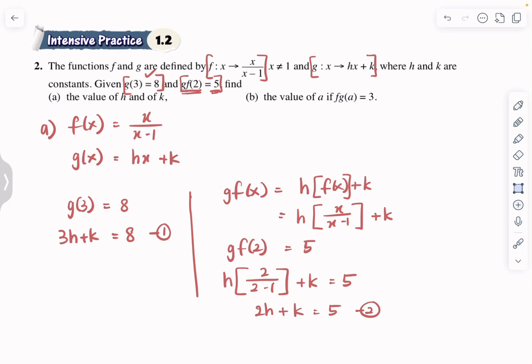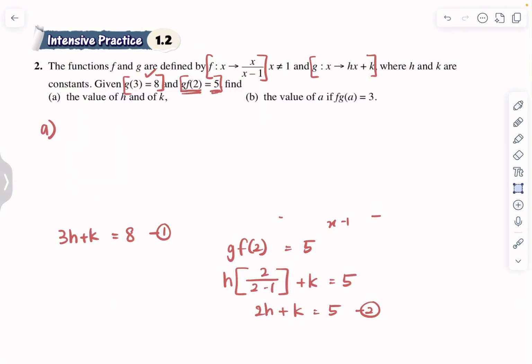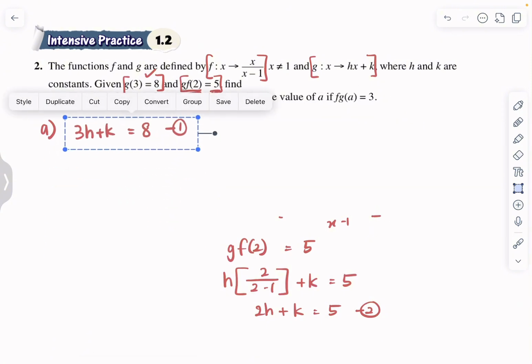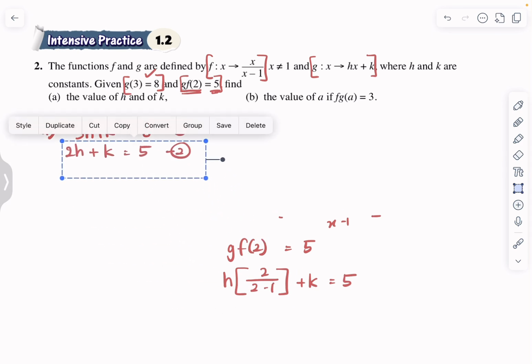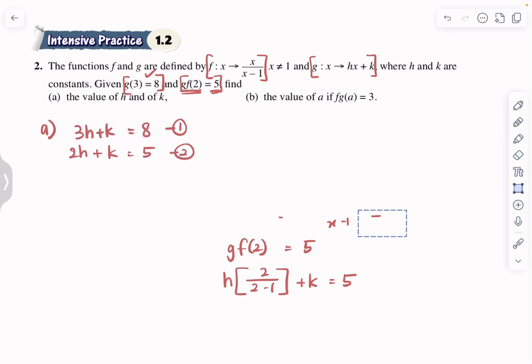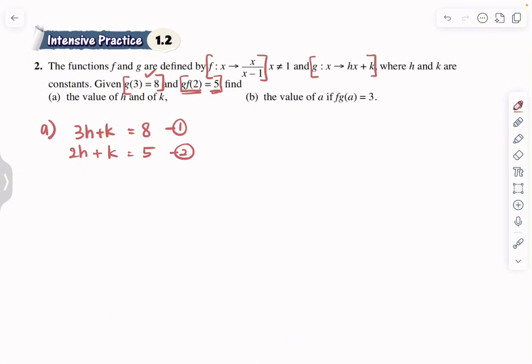Okay, let's erase all the other stuff. We need this. We need this. This one all can delete. Alright. So we have k and k, so we can just minus these two equations off. So 3h minus 2h is h, k minus k will cancel off, 8 minus 5 is 3, so h is 3.